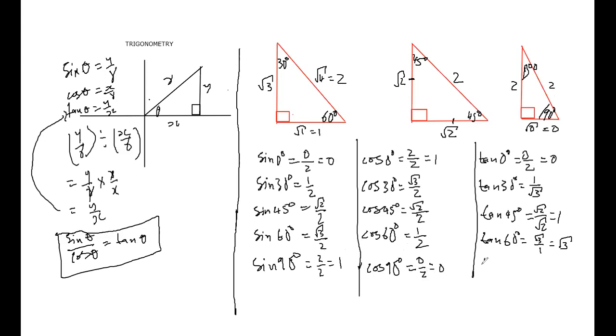That gives us a 0. Tan 90, let us see, opposite is 2, but the adjacent is 0. And so this leaves us with an undefined answer. We know this one. We cannot divide by 0.